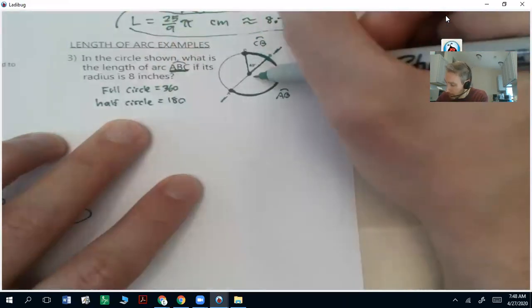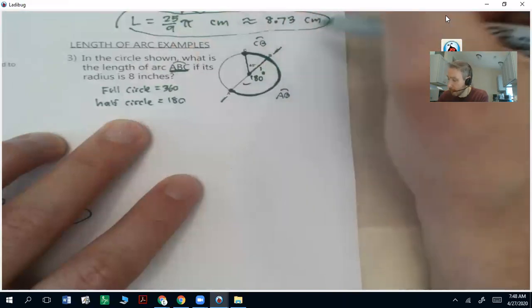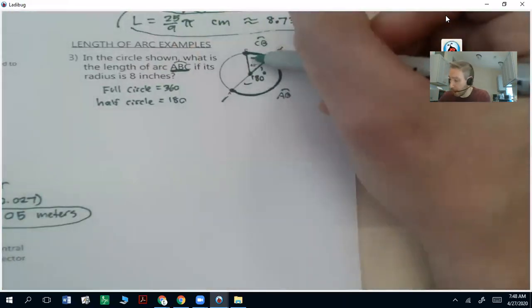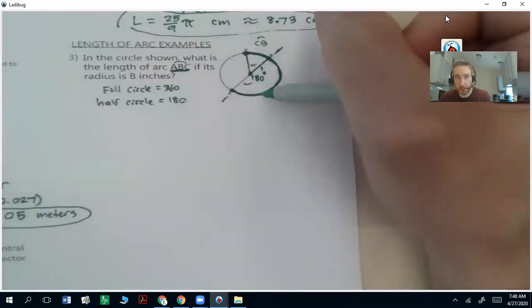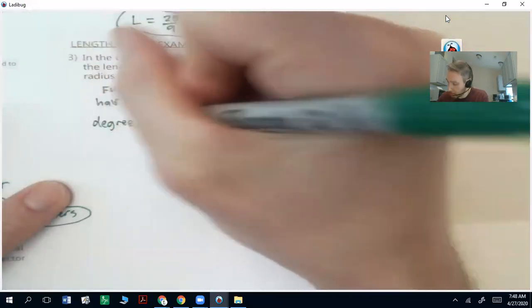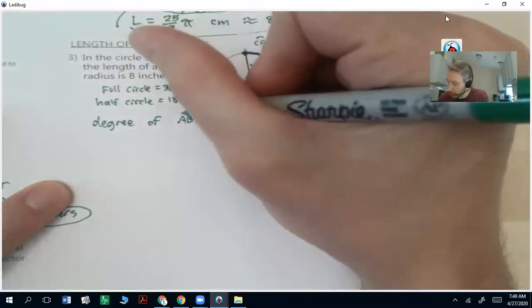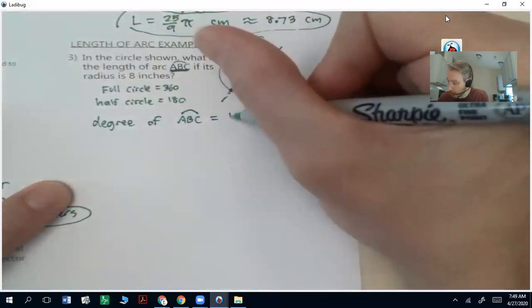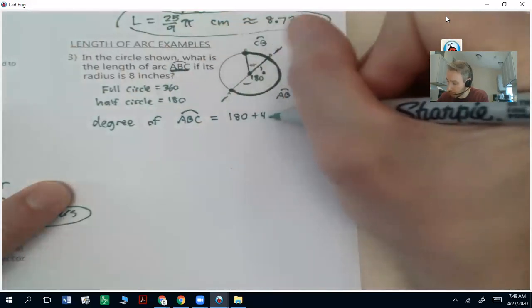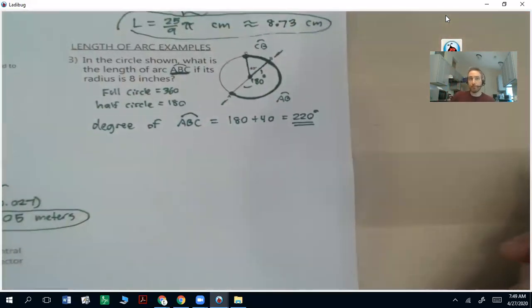So that's 40, that's 180. And together, that combined degree will be what we need to use. So the degree of arc ABC is going to be 180 plus 40, and that's going to be 220 degrees. That's the degree we're going to use.